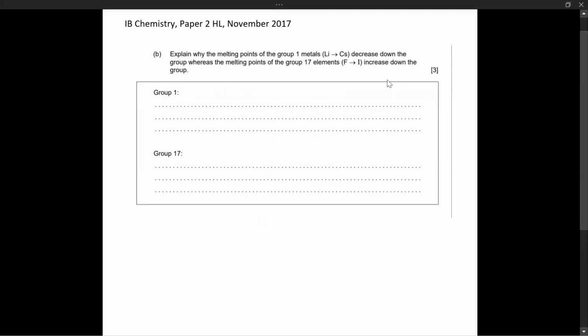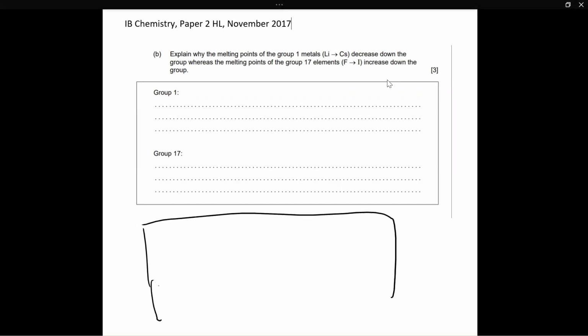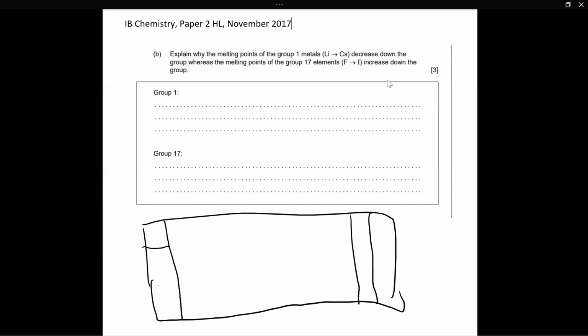So for example, just imagine this is the periodic table. We have group 17 over here, which are the halogens. And then we have group 1 metals over here, which are the alkali metals. So alkali metals start with lithium. And as you go down, eventually you reach cesium. There are many other metals along the way.